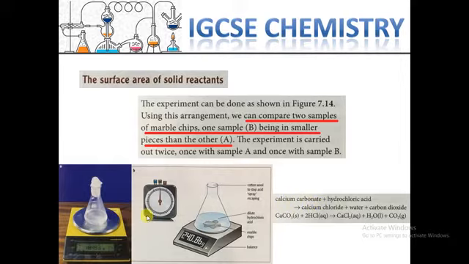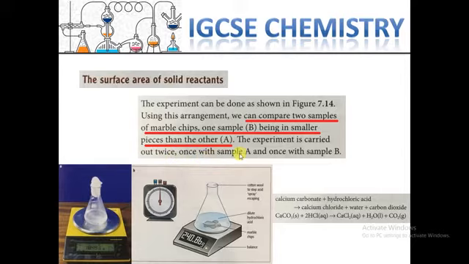One sample, for example marble chips, sample B, is a smaller piece. Another one, sample A, is larger. So the experiment is carried out twice.